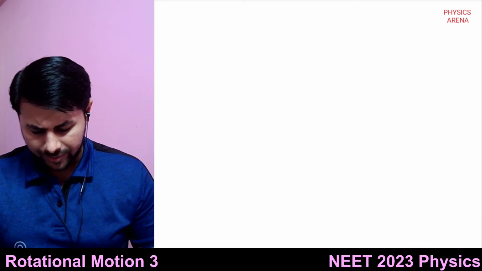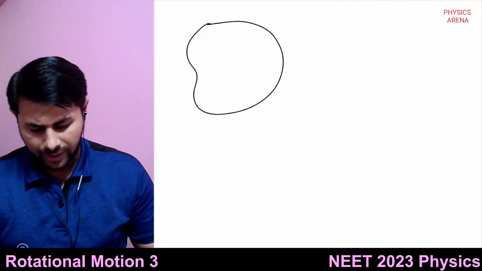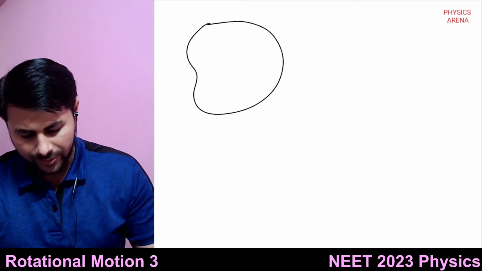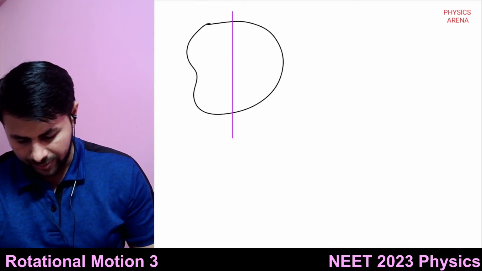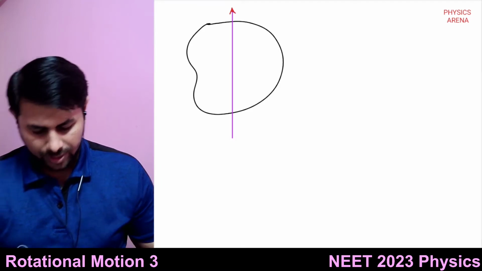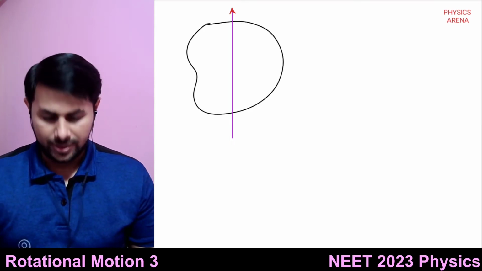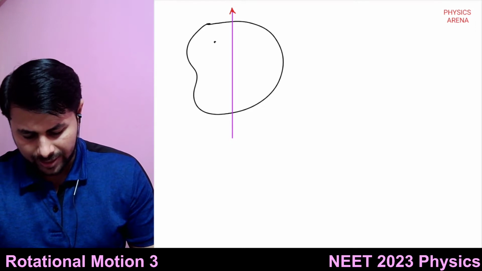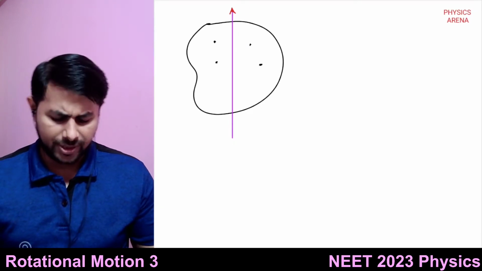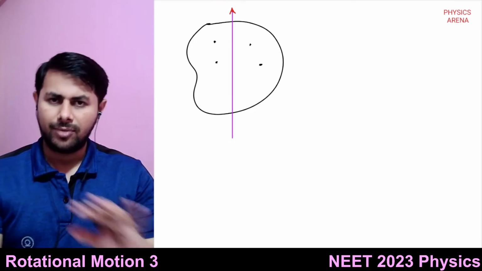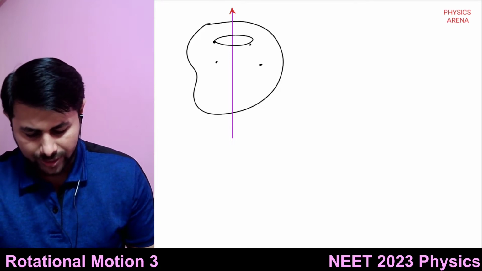Now, if we have a body, any body will have n number of particles, right? This body will have n number of particles. So let's suppose this body rotates about this axis. There is some origin and there are n number of particles within this body. Their masses are m1, m2, m3, and so on. When the body rotates, all these particles will perform circular motion, right?